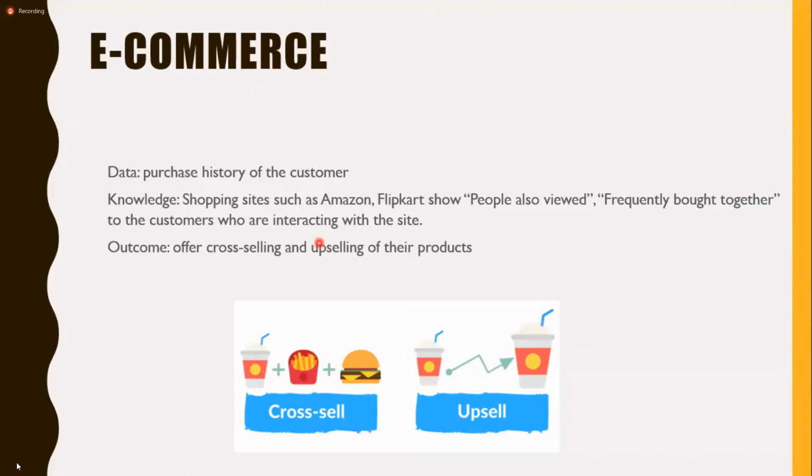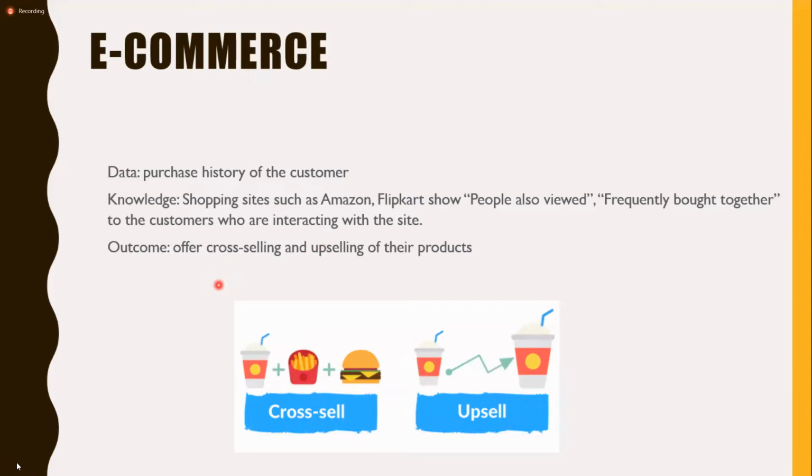So these kinds of recommendations and information will be provided to the customers who are interacting with the site. Okay, so only if they mine the customer's purchase history, then only this kind of knowledge can be obtained. Okay, so what will be the outcome of this?